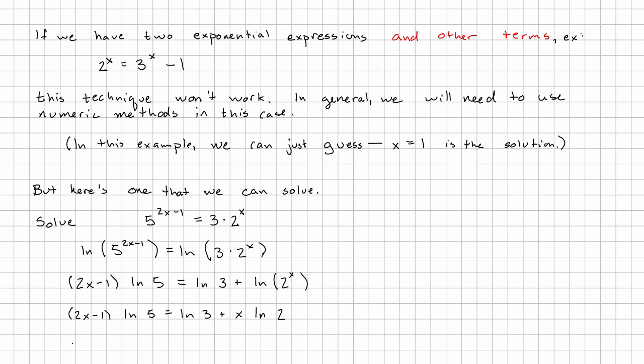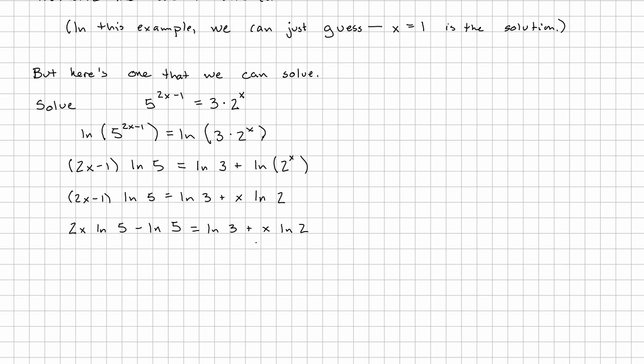On the left, we have to distribute: 2x times ln 5 minus 1 times ln 5. And now we'll collect the x terms on the left. Collect the not x terms on the right.